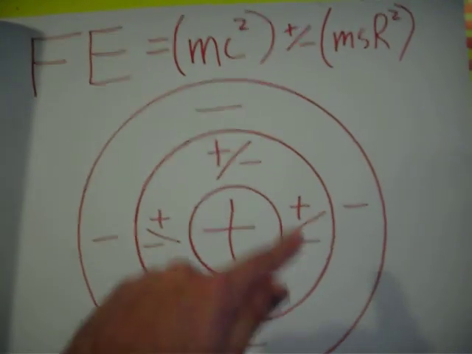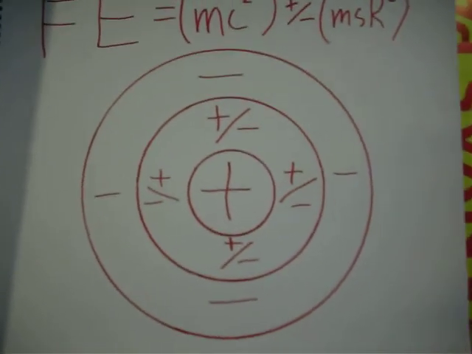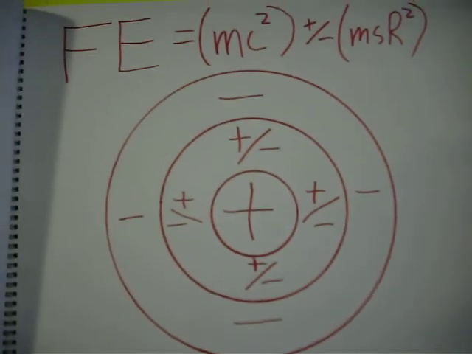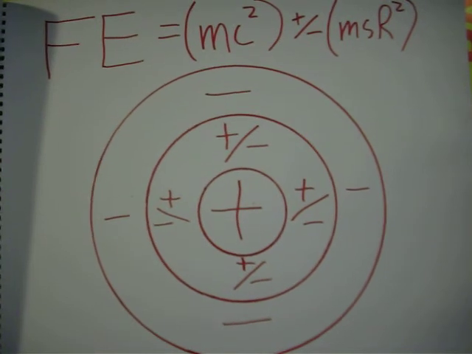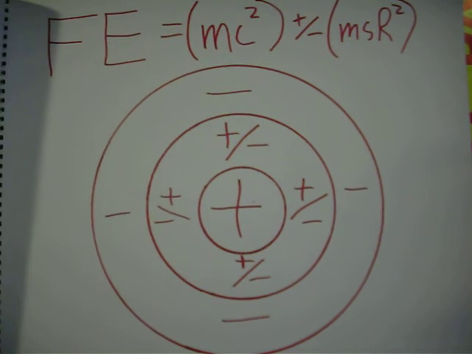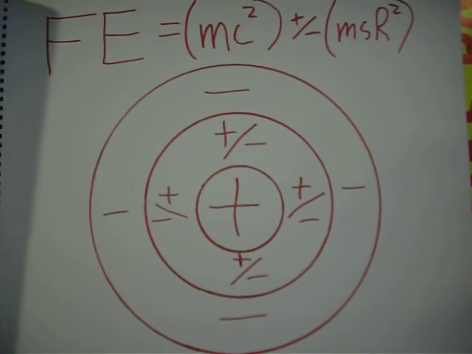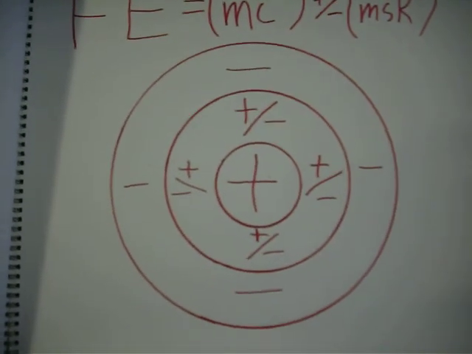Now, around the core of the star there's a zone of probability where both energies are sort of fighting against each other, pushing outward and inward, and that's the zone of probability, plus or minus. Now, around that, the energies are subtractive, so mc squared minus mass times the speed of rotation squared.